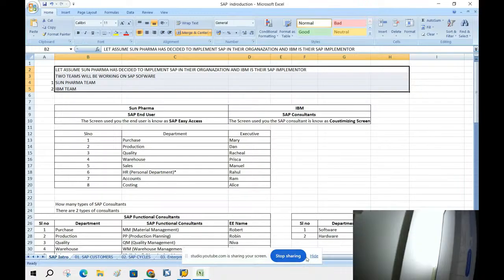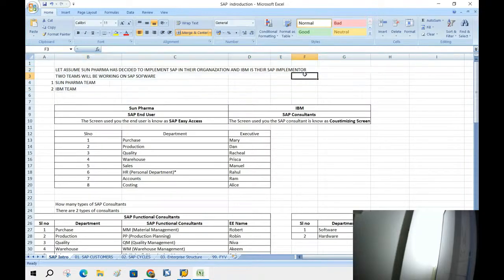Yesterday we were seeing, good evening class. Yesterday we were seeing if Sun Pharma has decided to implement SAP in their organization and IBM is the implementer, then how many teams we will have? We'll have two teams. One from the Sun Pharma team, they are called SAP end users, and there is an IBM team who are going to be called consultants, right?